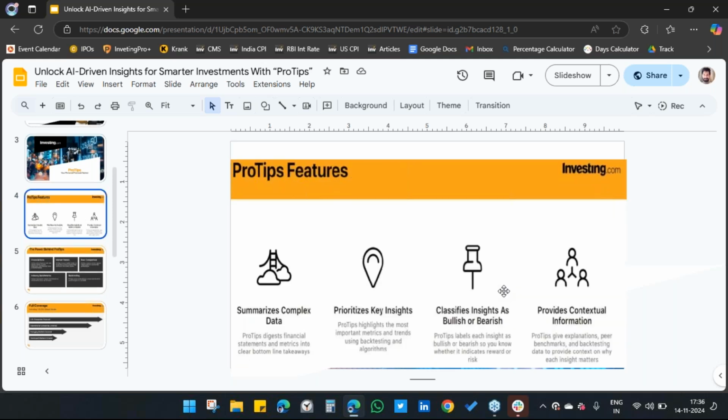Again, it provides contextual information. Not just about the stock in a specific manner, ProTips also gives you a view of how the stock relates to its peers or the industry or other back-tested data. So if you're looking at Reliance Industries, ProTips won't only tell you about Reliance Industries, it also fetches information of its peers and industry benchmarks, and then compares Reliance Industries with its other peers and benchmarks to give you more contextual insights.